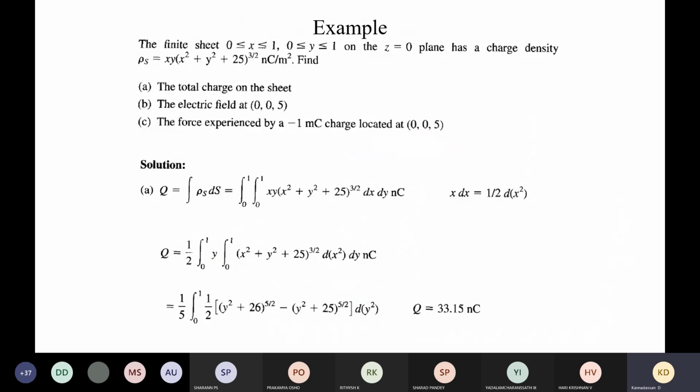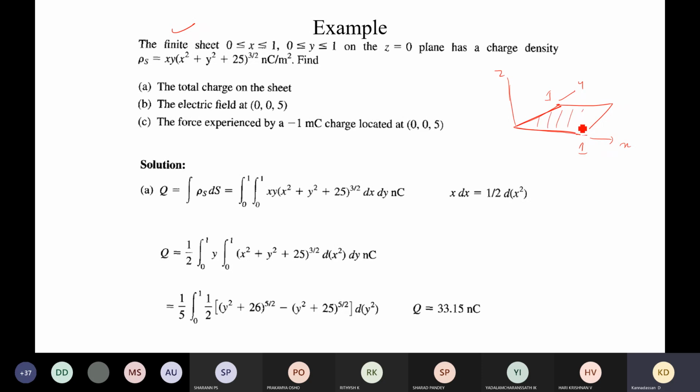Here is another example where we assume a finite sheet. This finite sheet is spread from 0 to 1 and 0 to 1 along the X and Y directions. So we can take this as the X axis, this as the Y axis, and this as the Z axis.